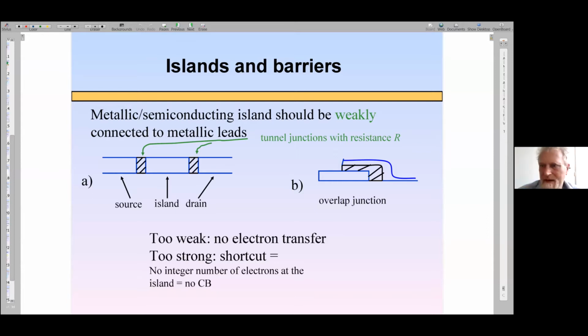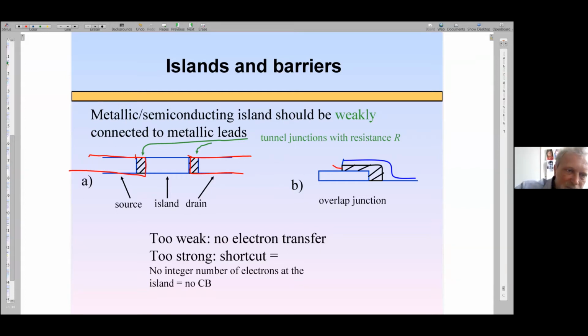Right, how to do this? Well, there's a way to fabricate such systems, which is already several decades old. First you do the leads, evaporated on a substrate. Then you oxidize the leads, forming an oxide barrier.